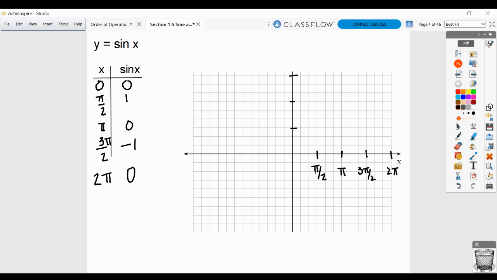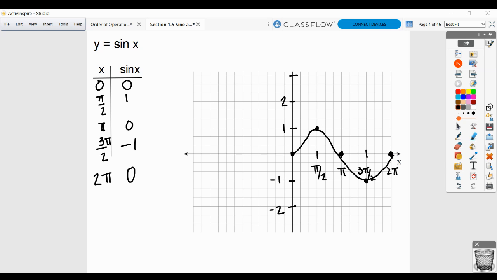And if you remember from the last slide, the y values are always just numbers. So we would have 0, 1, 2, -1, and -2. If I plot these points, you start at (0, 0), and then (pi over 2, 1), (pi, 0), (3 pi over 2, -1), and (2 pi, 0). And if I connect them, that's what it looks like.